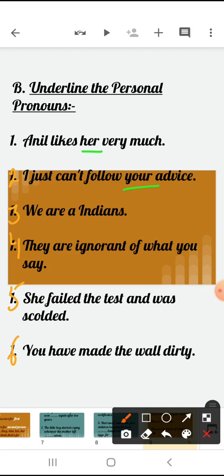We are all Indians. So "we" is used for all Indians. Okay? They are ignorant of what you say.